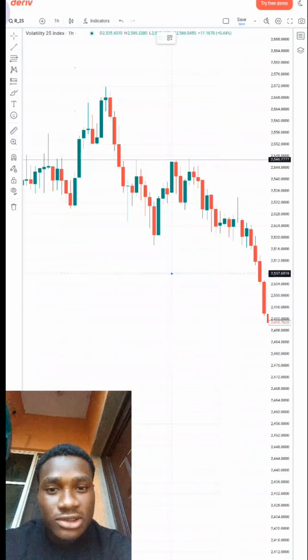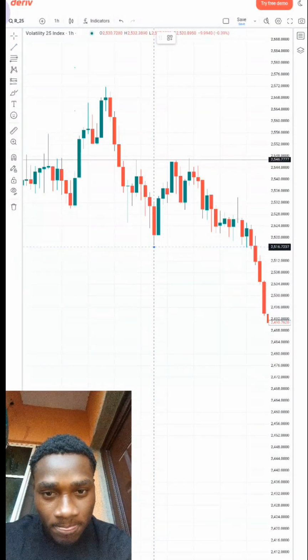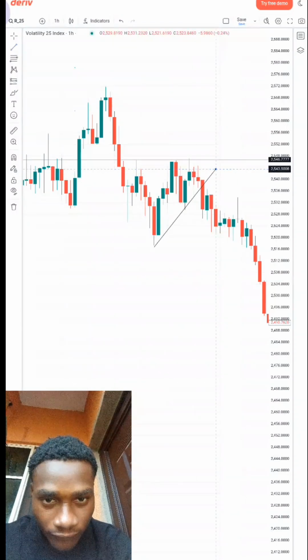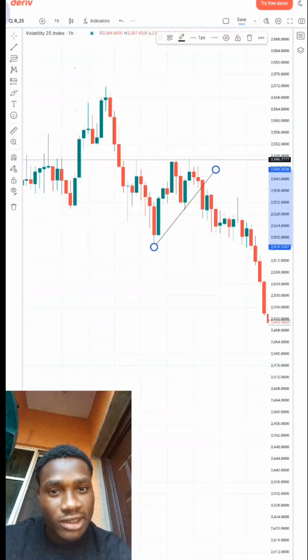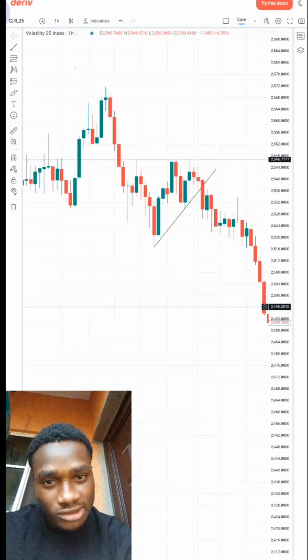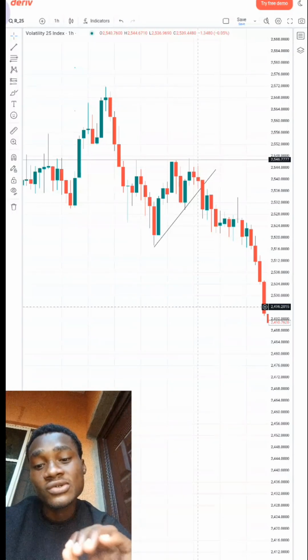This is the trend line. Now this is the trend to grab the first liquidity, which is the sell side liquidity.